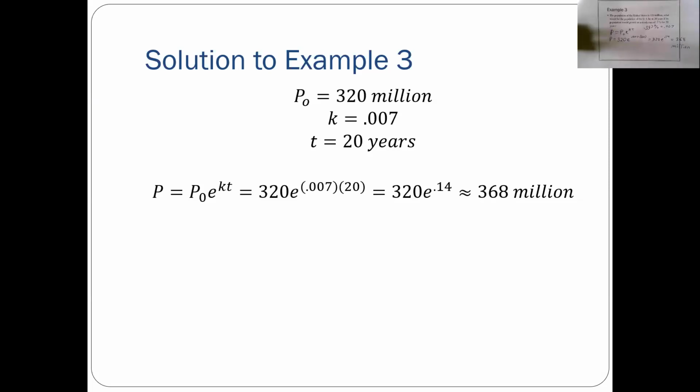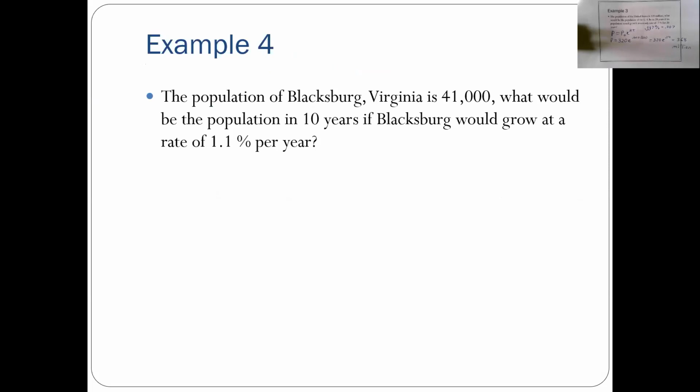So let's do one more. The population of Blacksburg, Virginia is 41,000. What will be the population in 10 years if Blacksburg would grow at a rate of 1.1% per year? So again, our key values: P0 is 41,000.